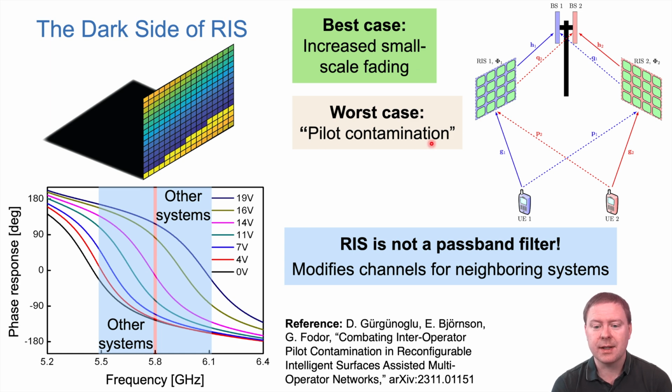And this is creating a kind of pilot contamination where even if the base stations send signals that are in their own bands, they're changing the channels in a way that is destroying each other's channel estimates. And this might be one of the showstoppers that needs to be overcome before RIS can actually be utilized effectively in practice.